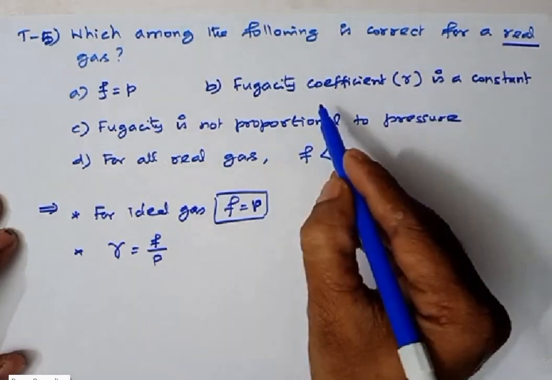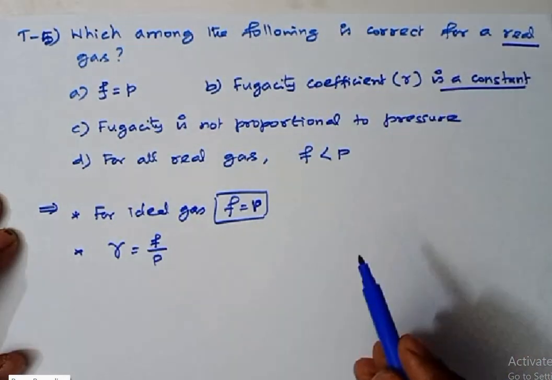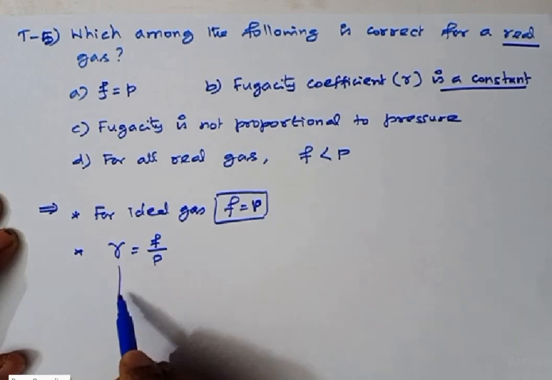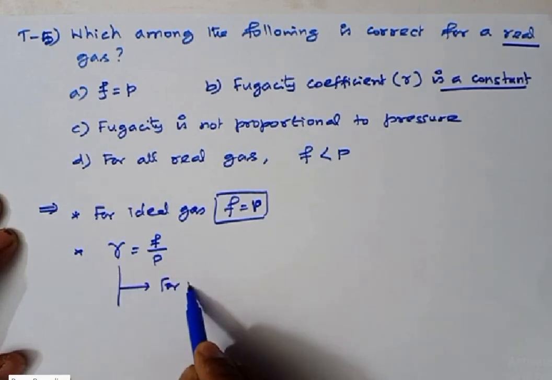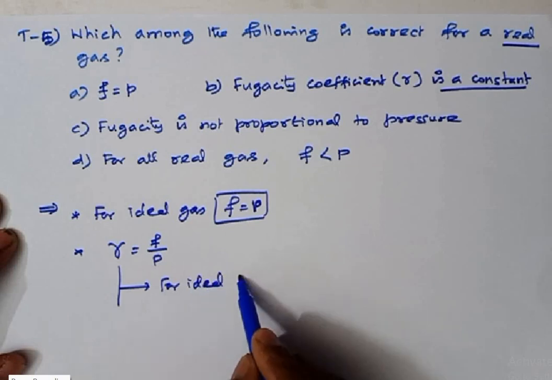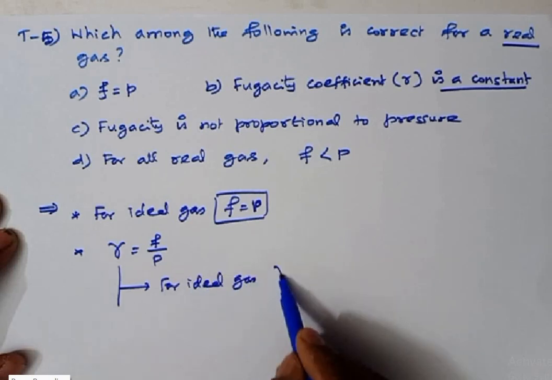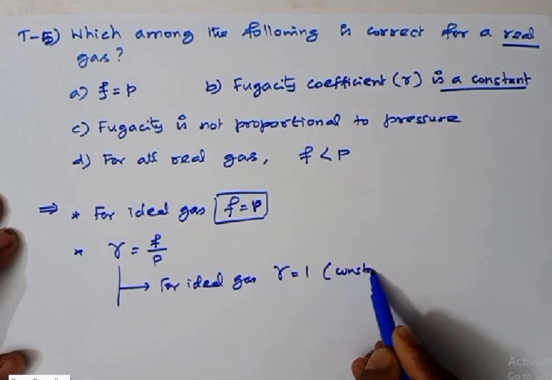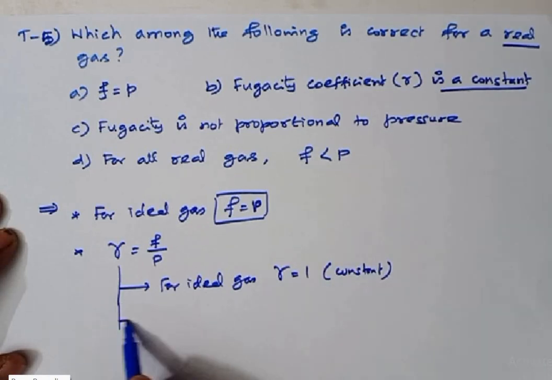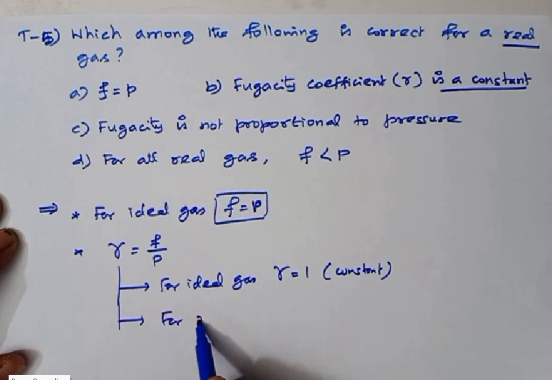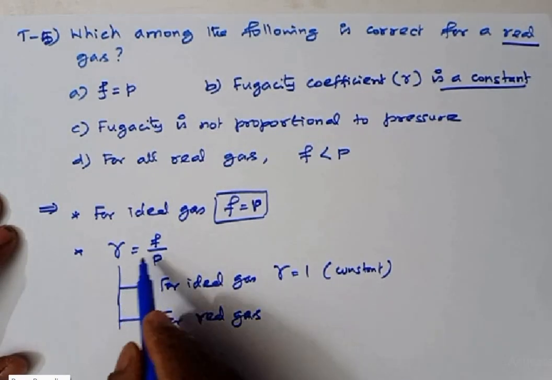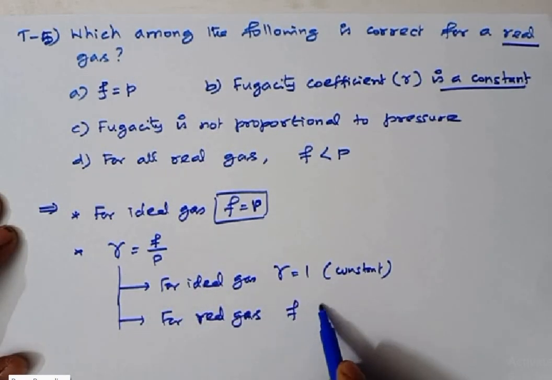It is given that the fugacity coefficient is a constant. Listen, for an ideal gas, the fugacity coefficient equals 1. It is a constant, yes, for an ideal gas. Whereas for a real gas, I have told you, F is not proportional to pressure.